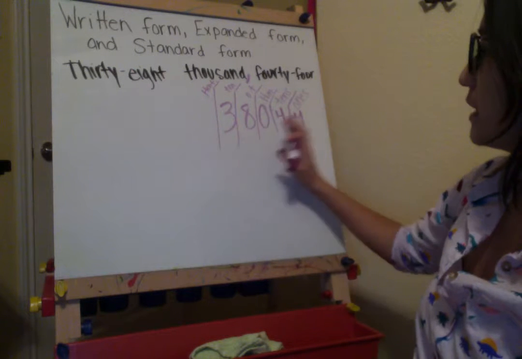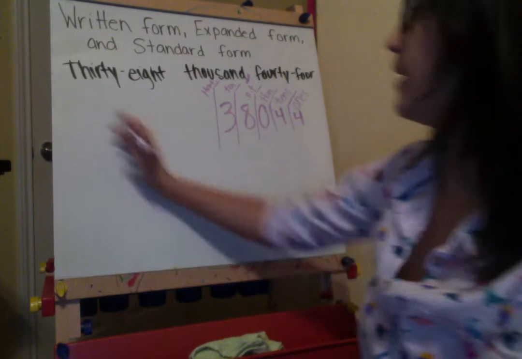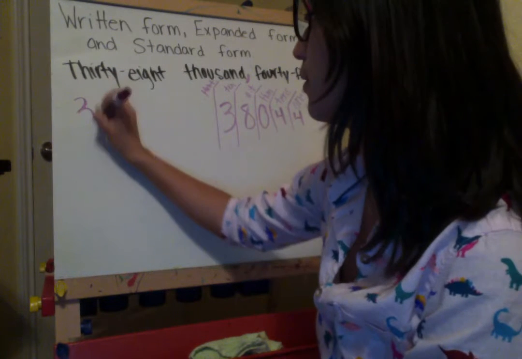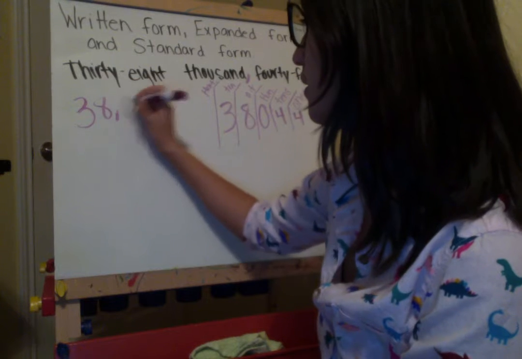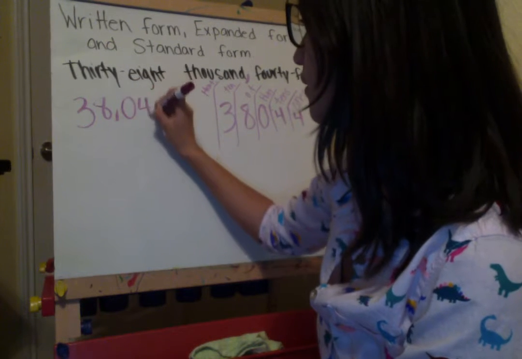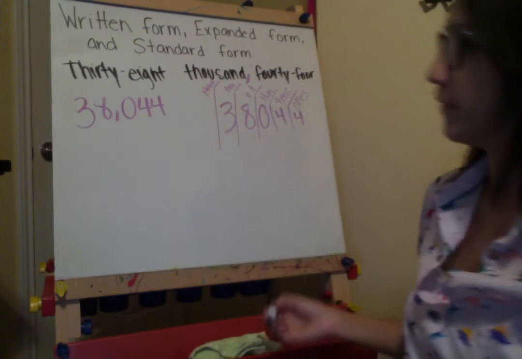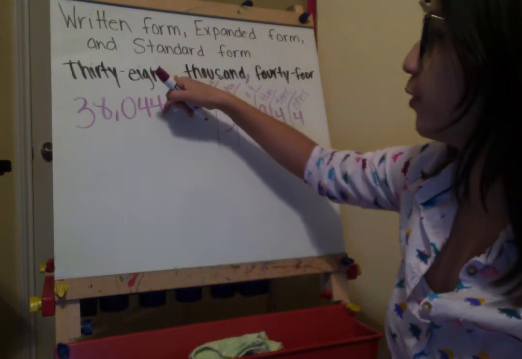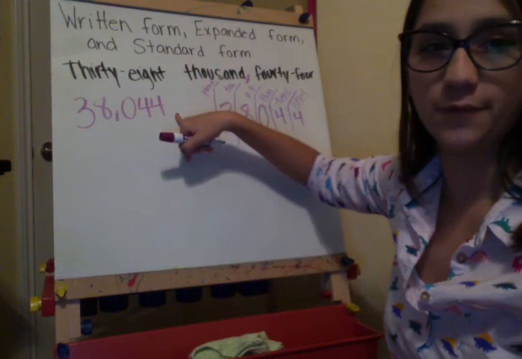Everything is broken down into its place, and then let's take it out of here and see how it looks. So 38,044. Perfect. So from our written form, we went to standard form.